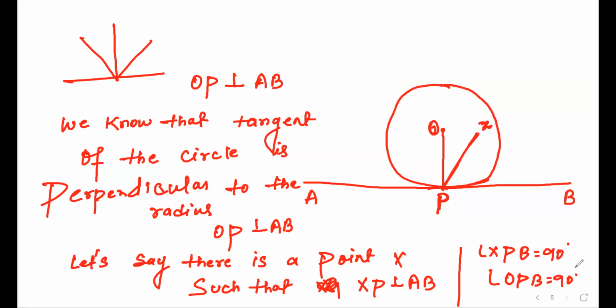So from 1 and 2, we can say both are exactly the same point. O and X have to be the same point, or if O and X are different points, then this is not possible. Hence there can be only one point, which is the center, through which we can drop a perpendicular on the tangent.